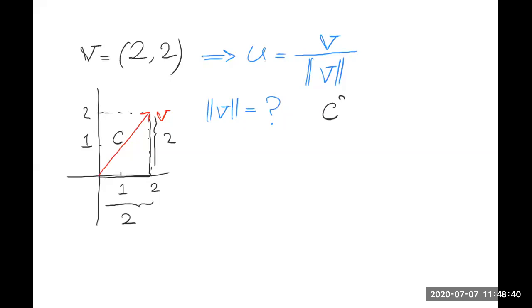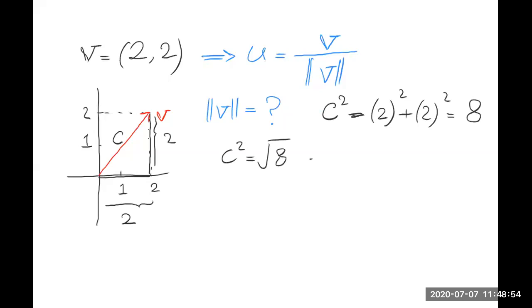The Pythagorean theorem says c squared is 2 squared plus 2 squared, right? 4 plus 4 is 8. So c is the square root of 8, which is the same as 2 radical 2, right? C is equal to 2 radical 2.